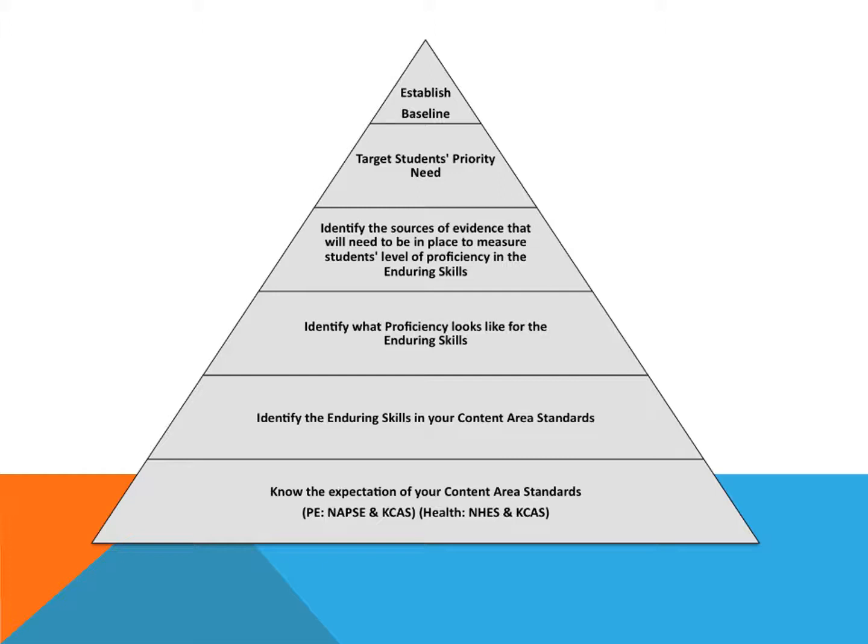You will identify what proficiency looks like in this enduring skill that you picked. You will identify the sources of evidence that you need to be in place to measure students' level of proficiency in this enduring skill. You will then target your students' priority need and establish a baseline so that you can measure student growth.